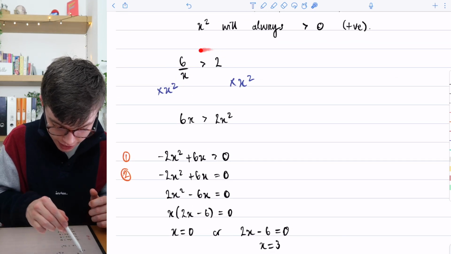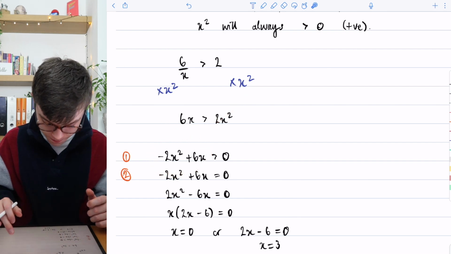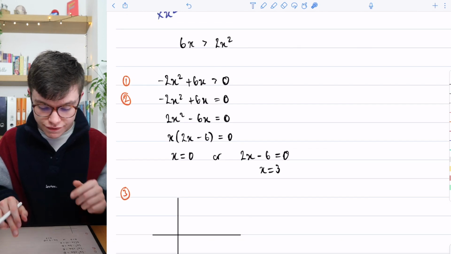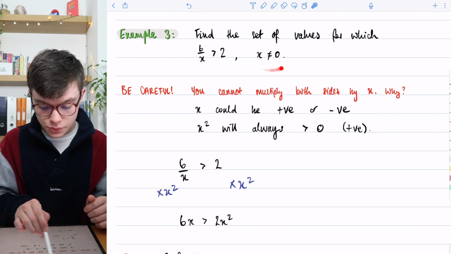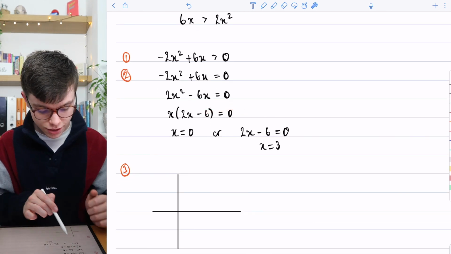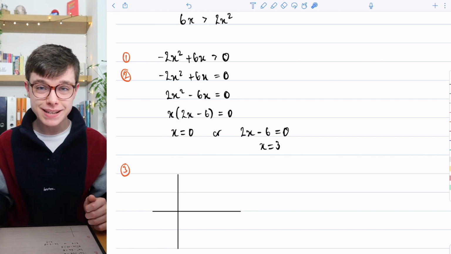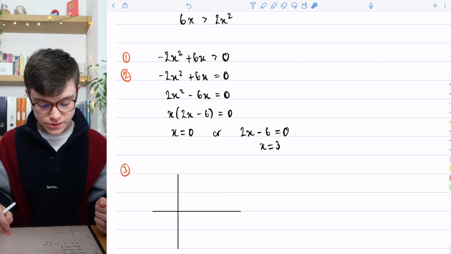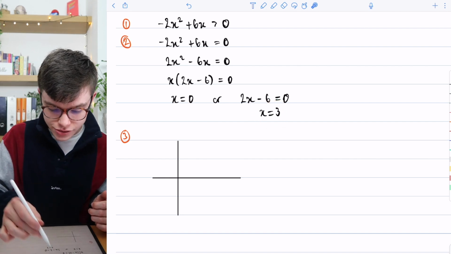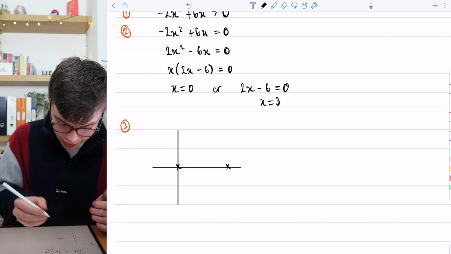All we did was multiply by x squared and then take it over, so it's a negative quadratic here, and we've got roots at 0 and 3. In fact, even though x is not 0 here, you wouldn't have been able to do the other method, because you would have got rid of the solution of x being 0, since you can't divide by 0 on both sides, and then you would have only found one root, and that wouldn't help you. So factorise out your x like I did, and then we get 0 and 3.